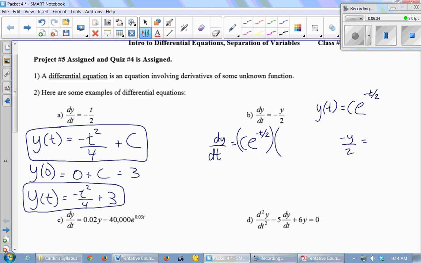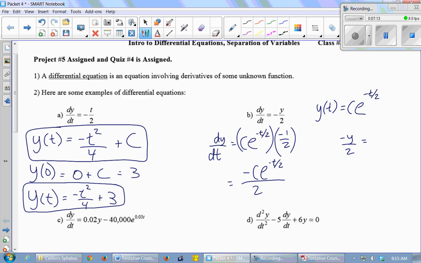And then times the derivative of negative t over 2, which is negative a half. Chain rule. Right? So if I simplify this, I get negative c e to the negative t over 2 divided by 2. Correct. I used the formula for e to the something instead of the power rule.